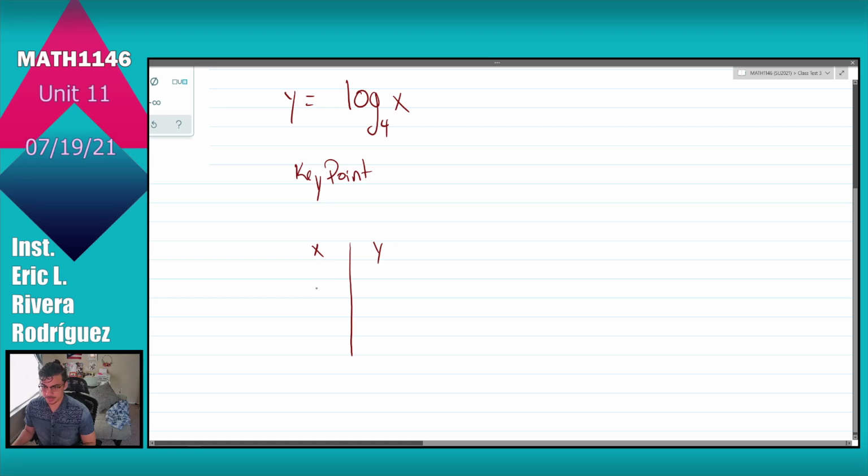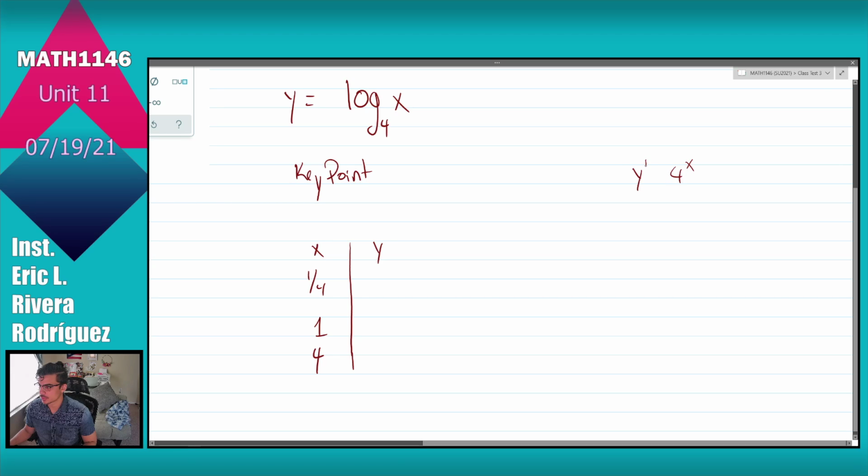Well, you can remember that we can use 1 over the base, 1, and then just the base. But where do these numbers come from? They come from the inverse operation, 4 raised to the power of x.